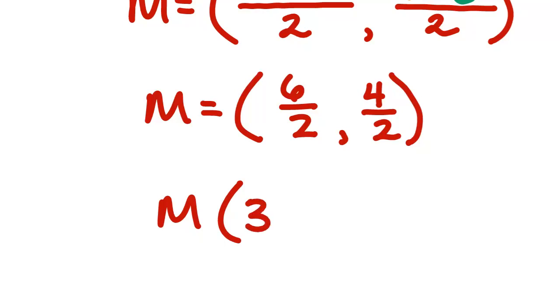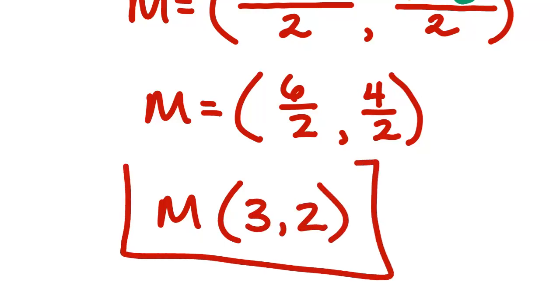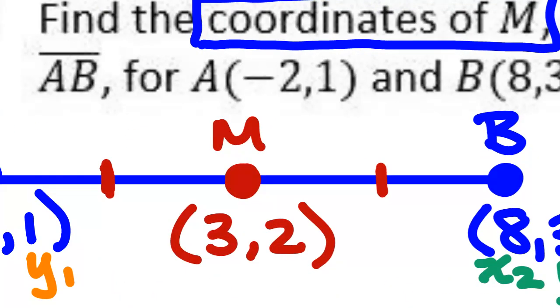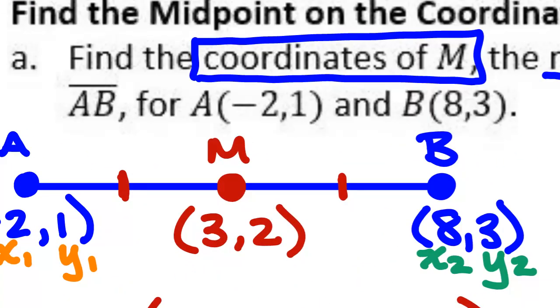And 4 divided by 2? 2. So my midpoint M is the ordered pair (3, 2). If M is at (3, 2), then segment AM will be congruent to segment MB, because this is the midpoint.